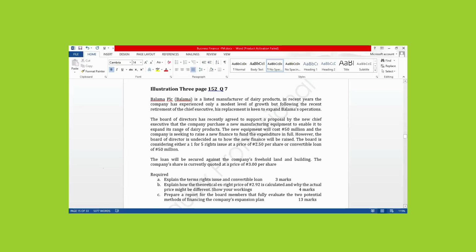This question was tested at the professional level. So, who is going to keep the ball rolling? Who is going to explain rights issue and convertible loan? 3 marks.